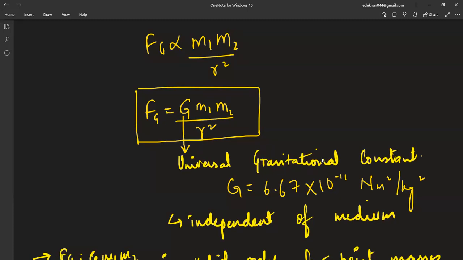This law is valid for Earth and Mars. And this is even valid for the pen and pencil, for the pen and the notebook that you're holding. They are also two masses that are present and they are also exerting gravitational force on each other. So it's so universal that it's so close to you and it's so far away there and still valid.